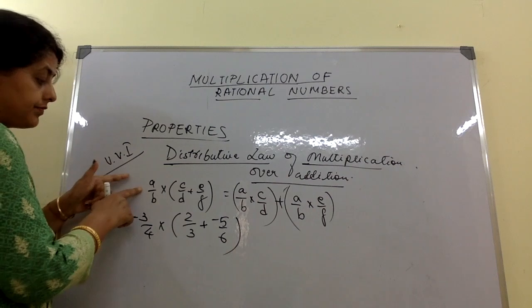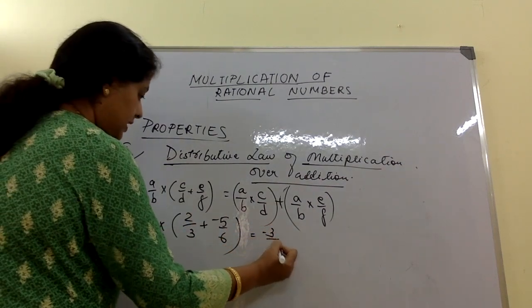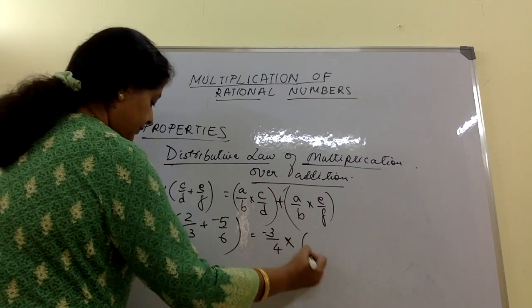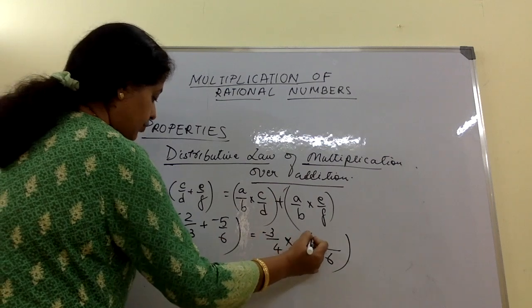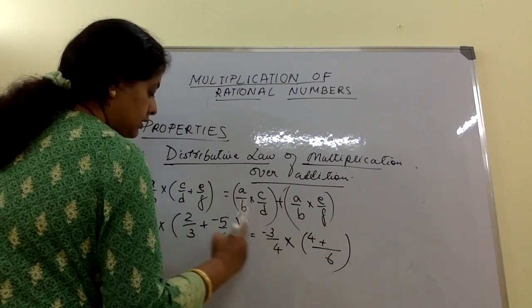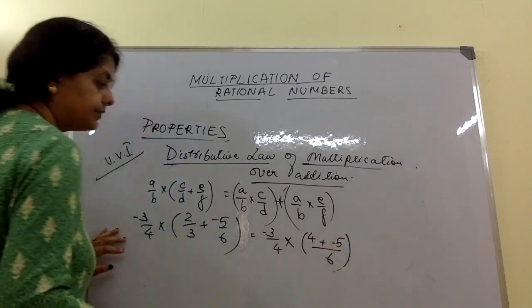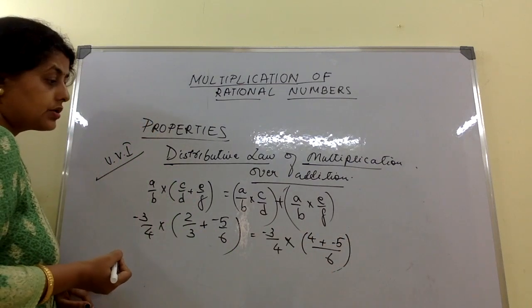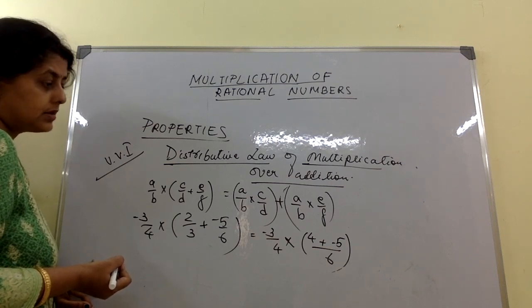Look at the similarity. I will do that first. Minus 3 by 4 into, this is 6 here, and this is 4 plus this is 6 and 6. This is minus 5. So minus 3 by 4 into 4 plus minus 5.